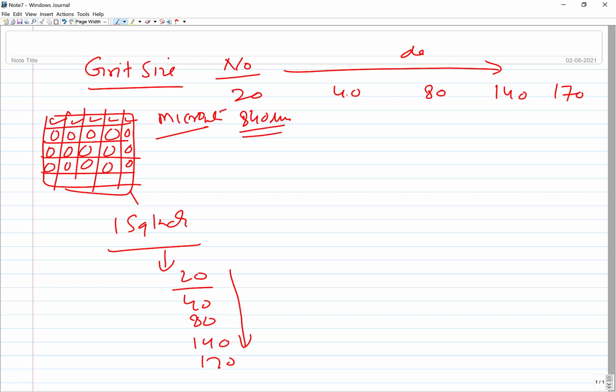Obviously for 40 it will be finer, say 400 micrometer. 80 grit size means 177 micrometer. 140 grit size means 105. There is no direct linear relationship between the micrometer size and the grit number. It is related to the number of meshes per square inch area, and for 170 it is 88 micrometer.